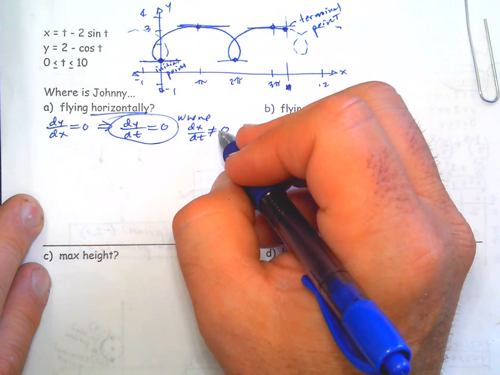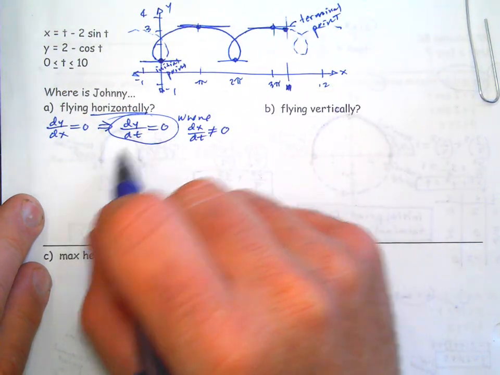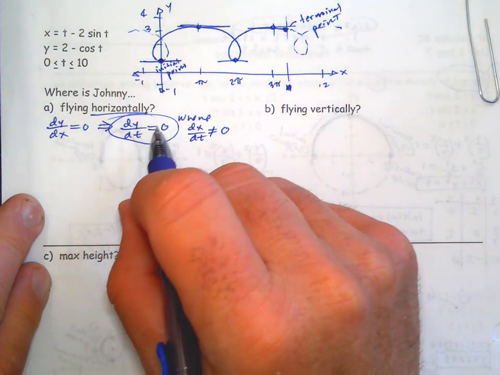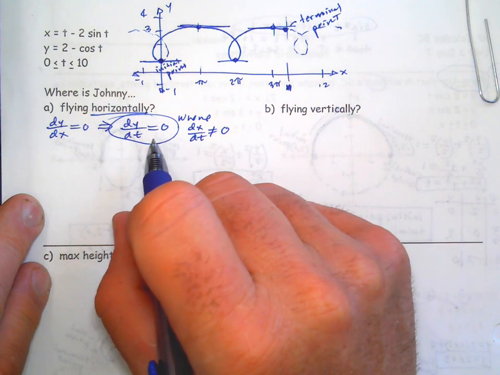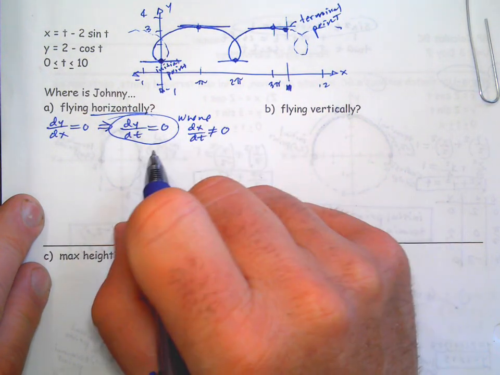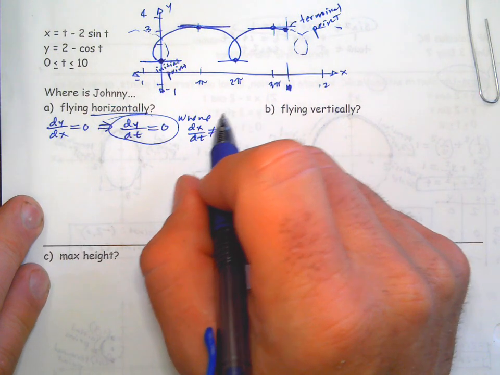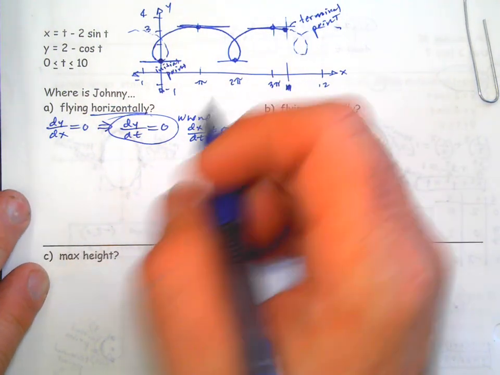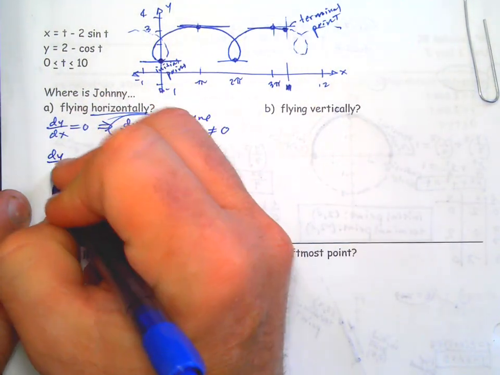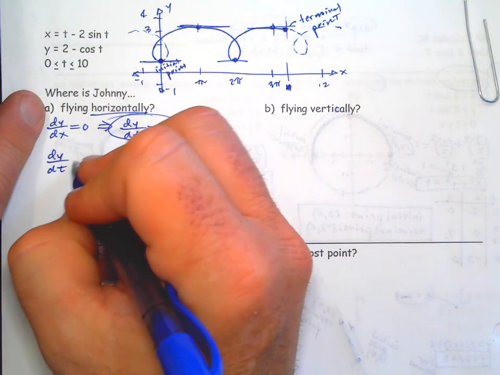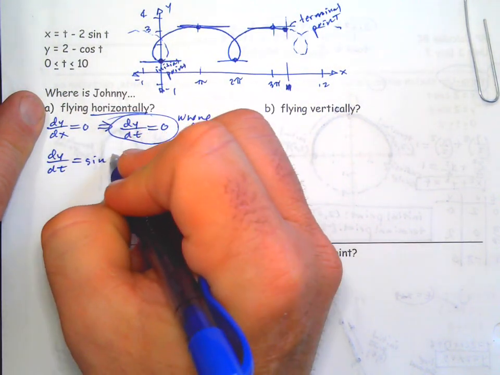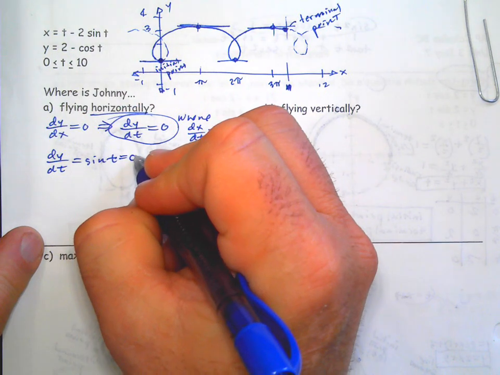Now it could, but what happens is we start getting into indeterminate form, and even if these are both 0, it might turn out that just one is 0 and the other is not, and you'd have to use L'Hopital's rule to figure it out. So dy/dt, let's write the equation for it, is positive sine t, and we want to know when is it equal to 0?